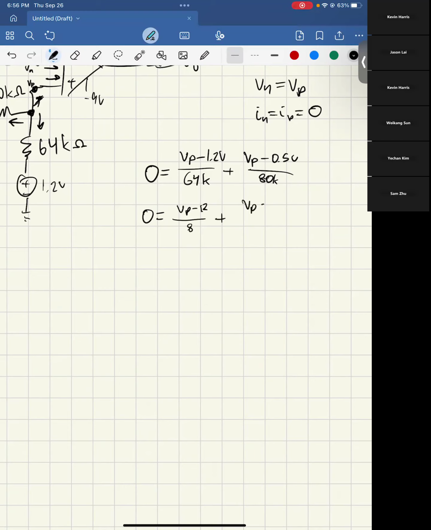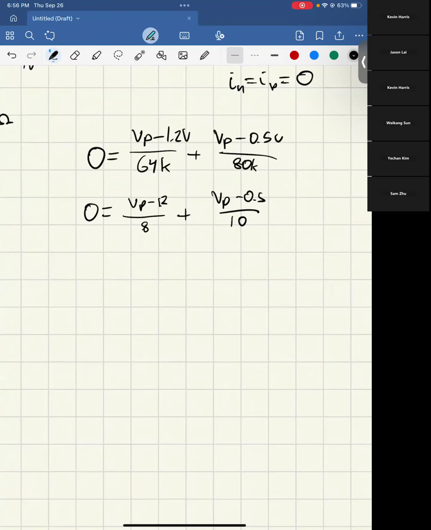Plus Vp minus 0.5 over 10. And then move one to the other side. It's really just algebra. I'm just doing it in a stupid way.